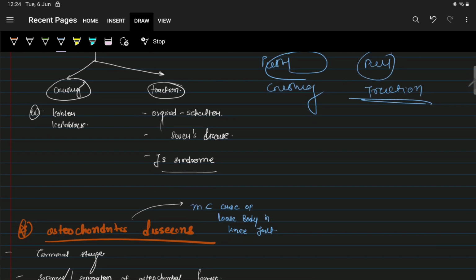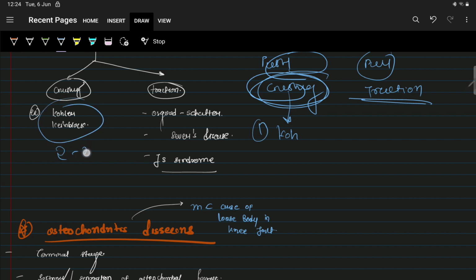What are the examples of crushing type of osteochondritis? That is Kohler's disease, Kienbock disease, Panner disease, and so many others. But we are going to learn only 2 or 3, and we'll rule out others if the question is asked.